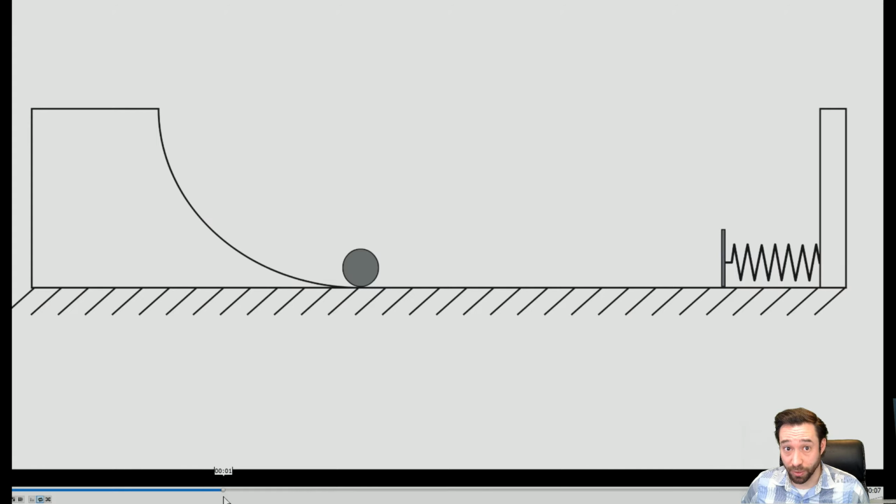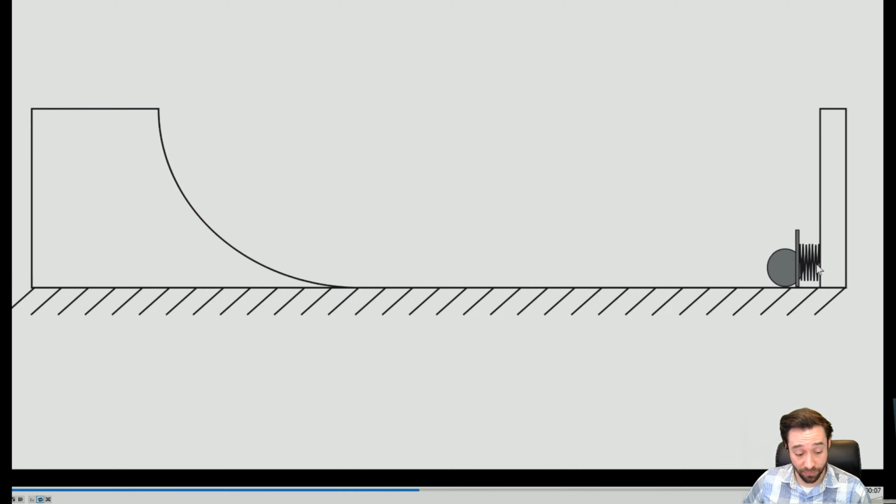There's no height from the ground, and the spring has not been compressed or stretched. And then state 3 is when the spring has been fully compressed. My velocity at that point would be 0, so there's no kinetic, and of course it hasn't traveled vertically either up or down, so there's no height from the ground. So gravitational at state 1, kinetic at state 2, and then elastic at state 3. So that's what we've gotten through today.